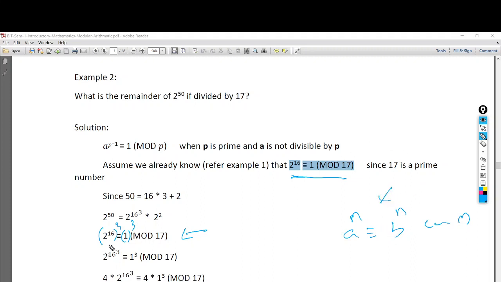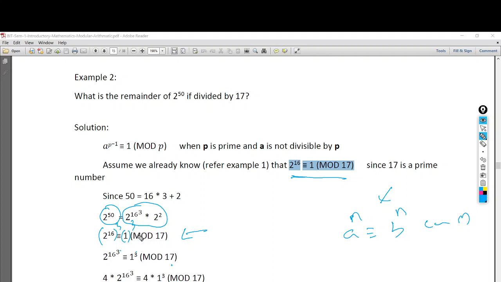So we are using that rule, which we discussed last time. So we are taking the third power now. 2 to the power 16 to the power 3 is congruent to 1 to the power 3 mod 17. Why are we interested in making it the third power? Because you can get the 2 to the power 50 by doing this, right?